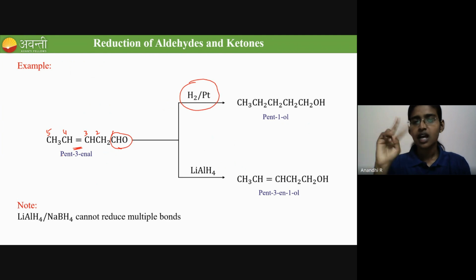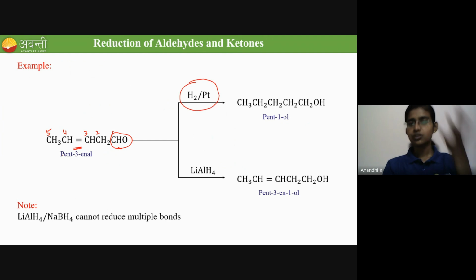And the last two reagents will not reduce the multiple bonds. It will reduce only the aldehyde and ketone. That's all. Just you take down the concepts alone. You don't need to memorize any of the reactions. Just take down the concept, so that conceptual understanding is very important to crack all the competitive exams, right?